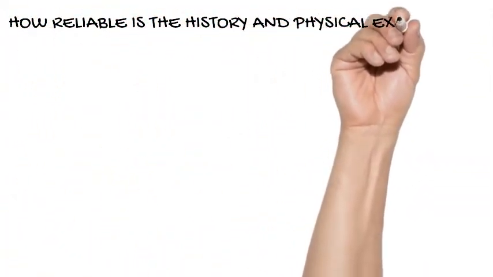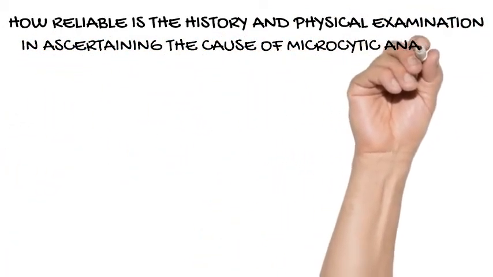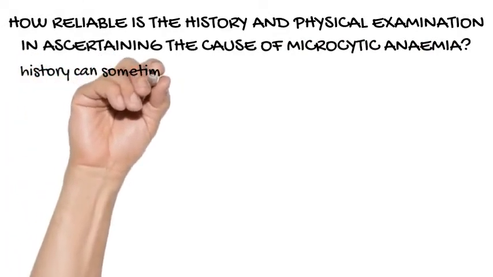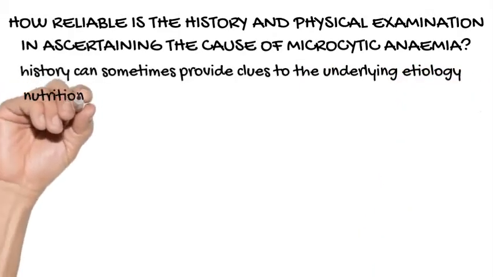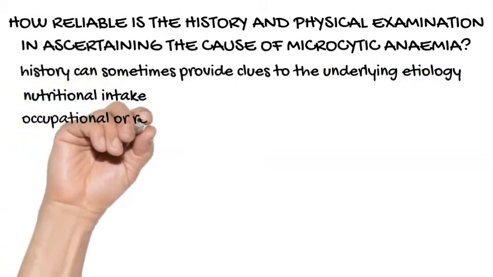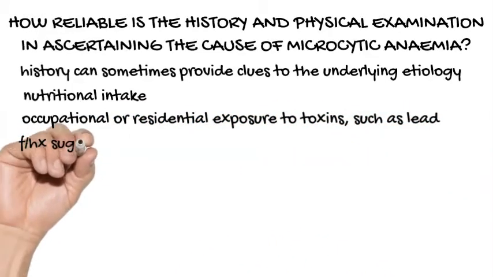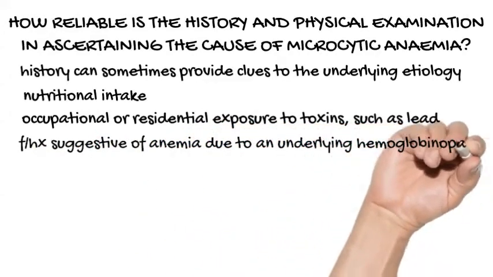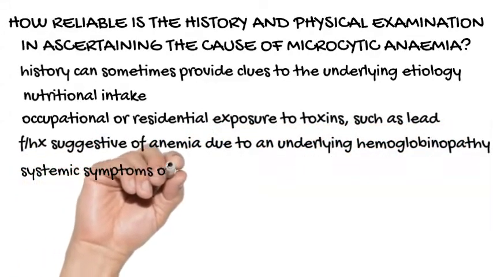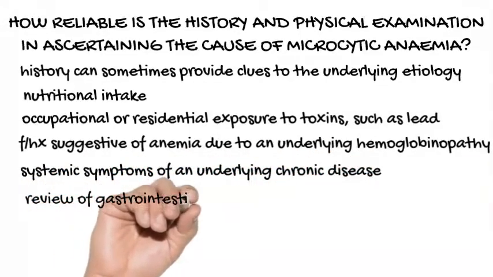How reliable is the history and physical examination in ascertaining the cause of microcytic anemia? Once microcytosis is diagnosed, the history can sometimes provide clues to the underlying etiology. Important history information includes nutritional intake, occupational or residential exposure to toxins such as lead, family history of anemia or ethnicity suggestive of anemia due to an underlying hemoglobinopathy, and systemic symptoms of an underlying chronic infectious or inflammatory process.